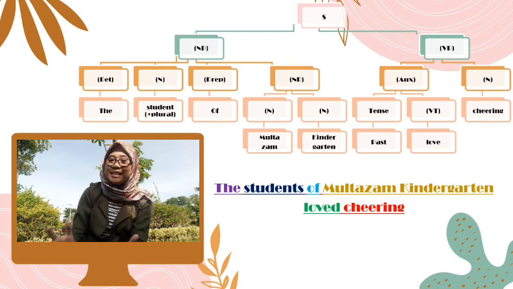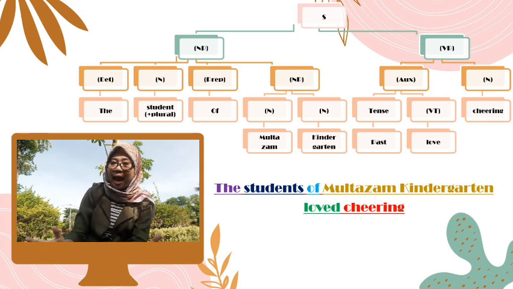The noun phrase of the sentence is the students of Multazam Kindergarten, which consists of the word the as the determiner. We code it as det. And then students as the noun, which means N. We stated plural behind the word student, so we didn't need to put the s.